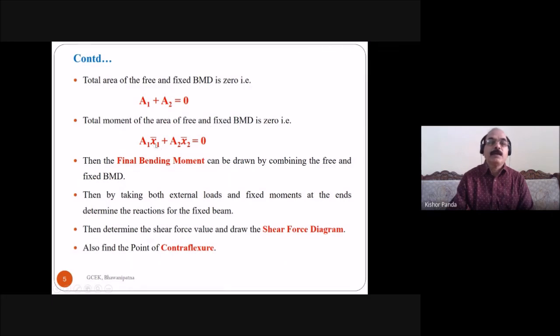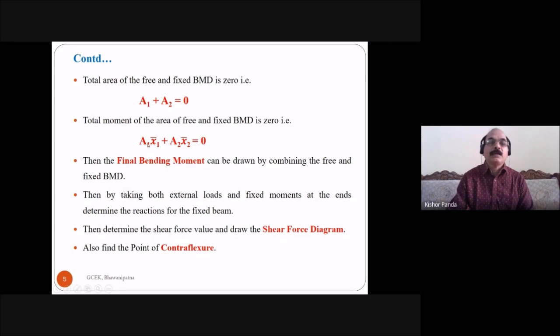The total moment of area of free BMD and fixed BMD is 0 from any one support, because A1 is the area of the free BMD and X1 bar is the centroidal distance of area A1 from one support. Similarly, A2 is the area of the fixed BMD and X2 bar is the centroidal distance of the fixed BMD from the same support.